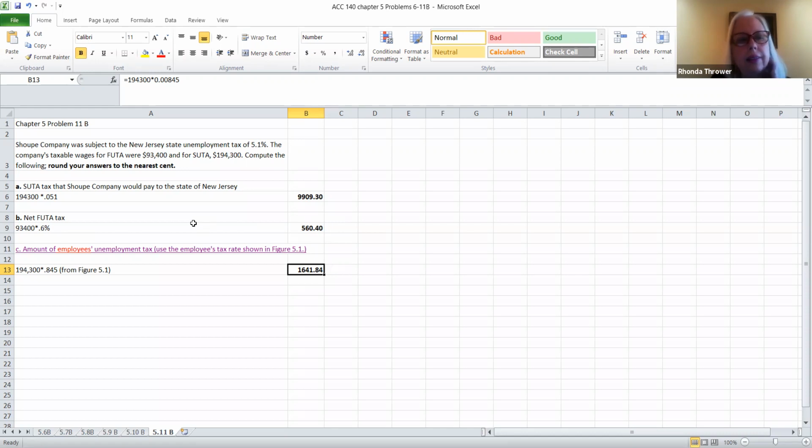Now, in this particular state of New Jersey, the employees also have to pay unemployment taxes. And the only way you can know that is to look it up on the table that is given in figure 5.1.